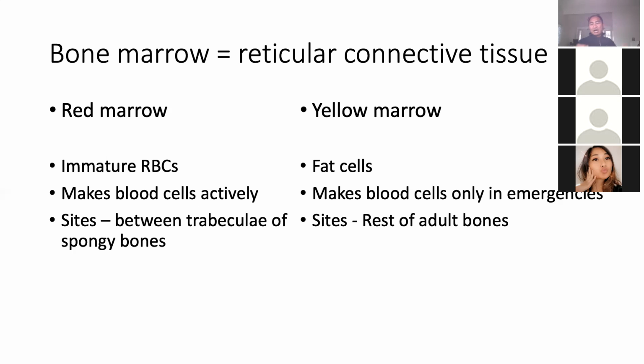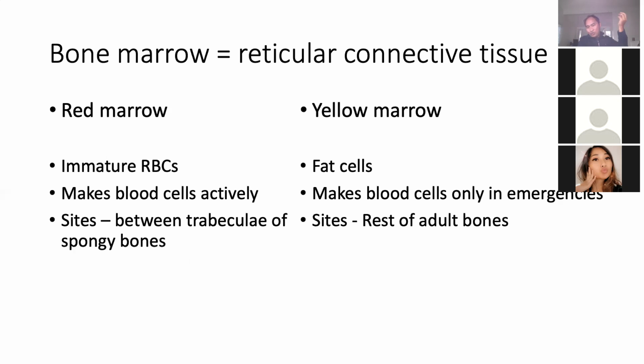The same is true of our pelvic bones, which are flat bones. The trabecular bone in between two cortical bones, sandwiched like our skull bone, is the site of the red marrow. So our pelvic bones are the sites of the red marrow in adults.